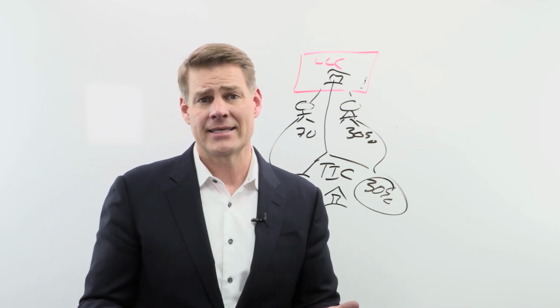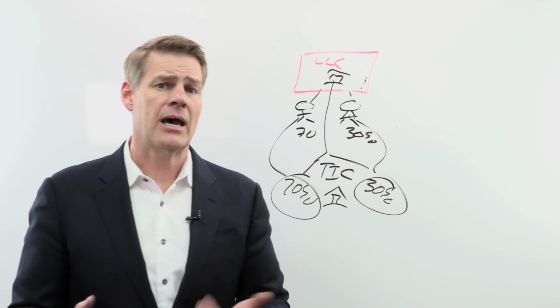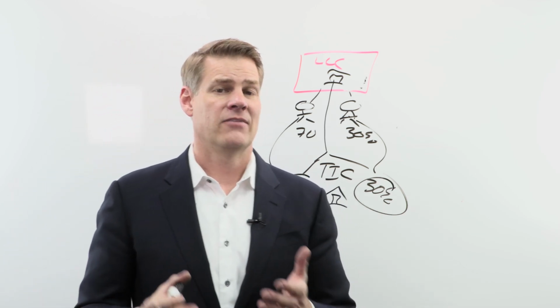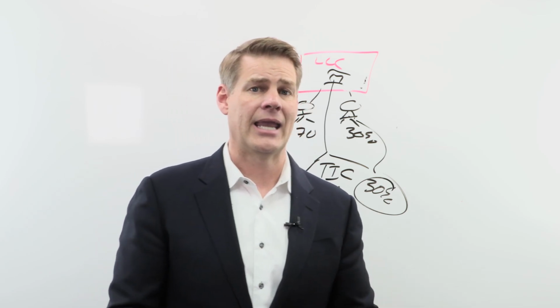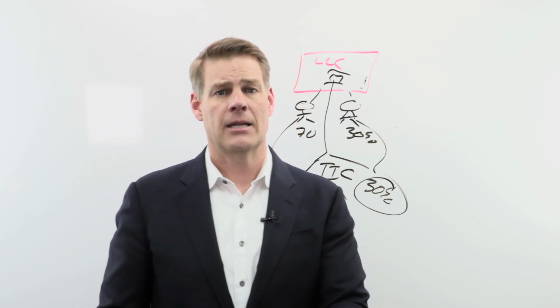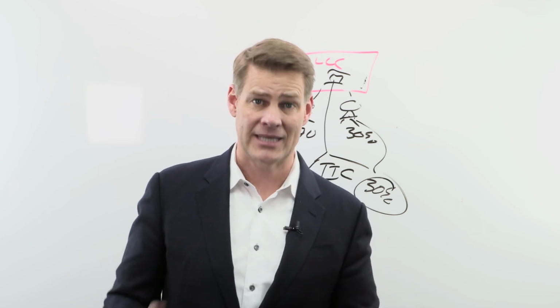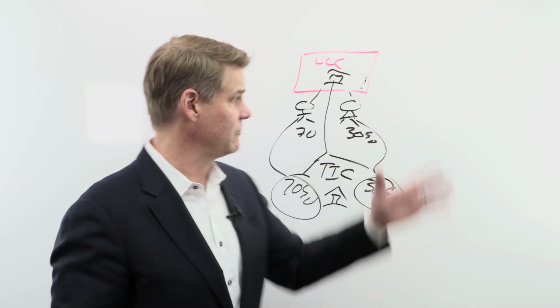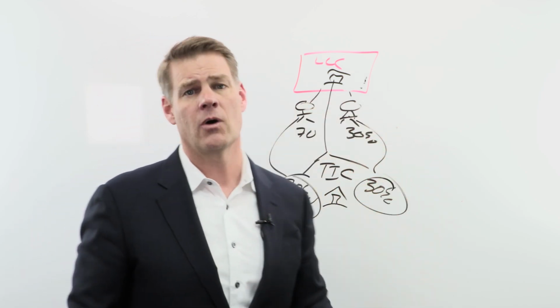So 1031s can get complicated. The thing about it that I think you should realize or pay attention to is it takes some planning. And if you think that you may be engaging in one, it's best to set up a strategy session with someone who understands 1031 exchanges to look at your options so that you have the time to do all of this.